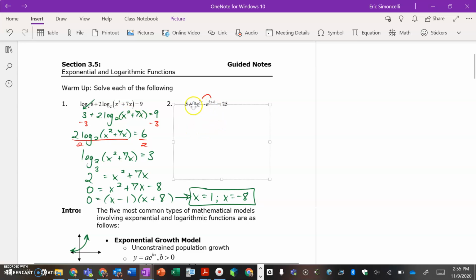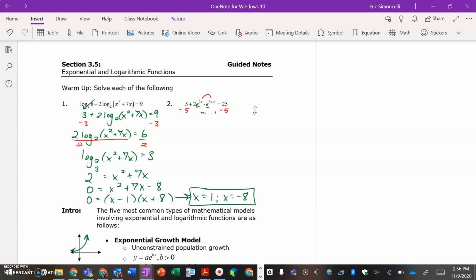Number 2, we have 5 plus 2e to the 2x times e to the 5x plus 1. This notation suggests that because my bases are the same here and here, e, I can add my exponents. Multiplication of terms that have the same base demands that you add exponents. Of course, I can also subtract 5 to kick the problem off, trying to get x by itself.